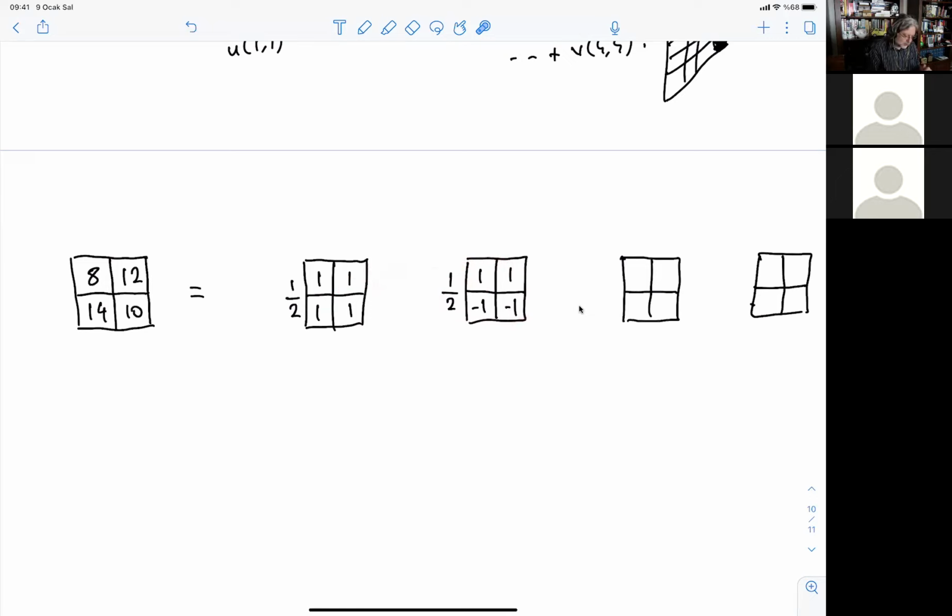Good. That's a good thing. And then I will have 1/2, 1, 1, minus 1, minus 1, which must be orthogonal to both the first and the second one. Its norm is 1. We can at least clearly understand that it's unit norm. And it's orthogonal to this one.